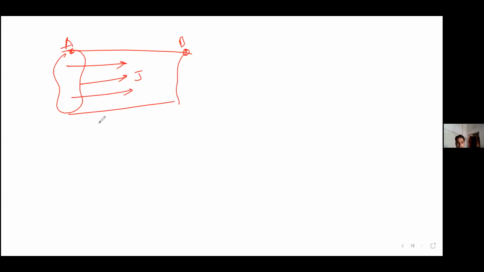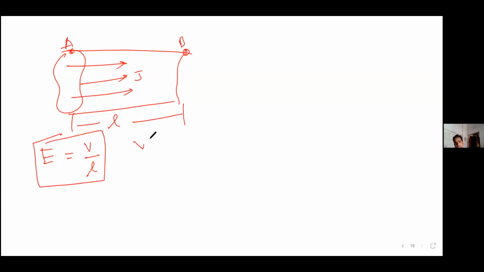Because there is a resistance. So all things are related. Because there is a change in potential for a given length, we define something called the electric field, which is the change in potential per unit length, the electric field intensity. Because there is a current flow, there is a difference in potential, so E comes into the picture, or we can say V equals E into L.